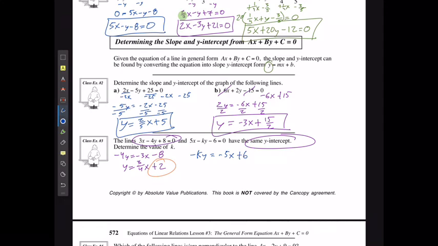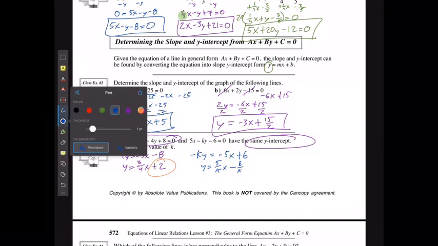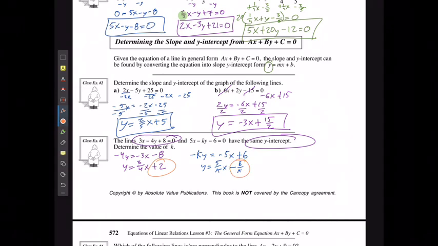Or y is equal to 5 over kx, and then 6 divided by negative k is going to be minus 6 over k. And there's my y-intercept for the second case.